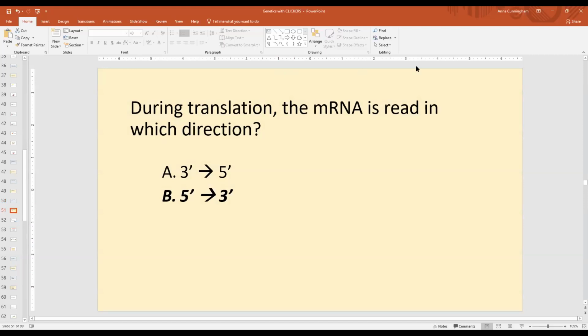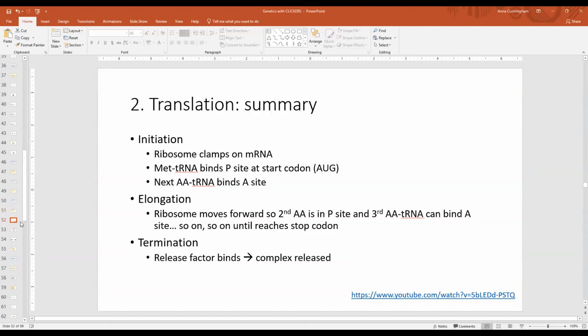Okay, let's go ahead and move forward. I feel like we have a good idea for translation. Just to summarize translation, it, just like transcription, has 3 steps: initiation, elongation, and termination. For initiation, you have your ribosome clamp onto the mRNA. You have that very first tRNA, which will always be carrying methionine and bind to the start codon AUG.